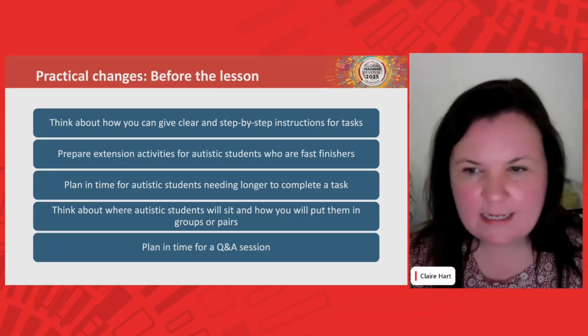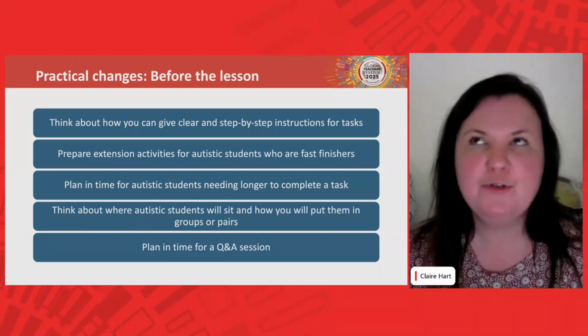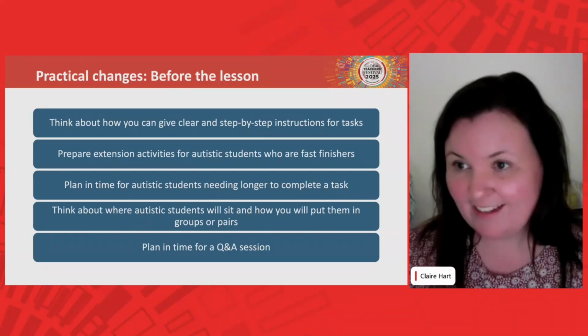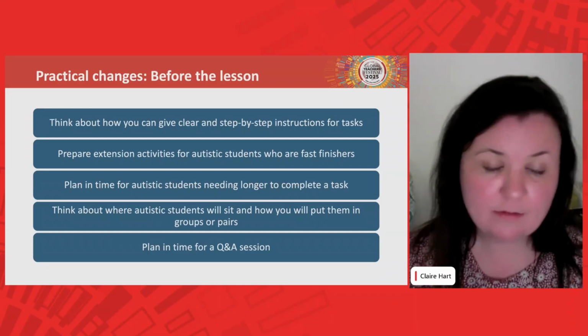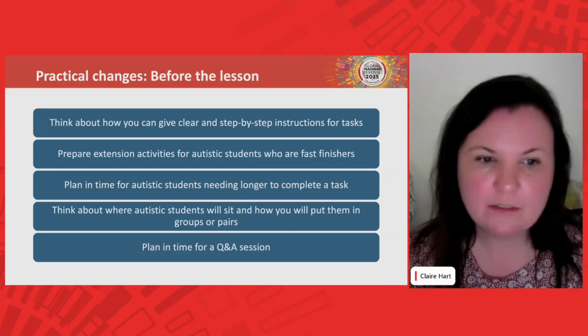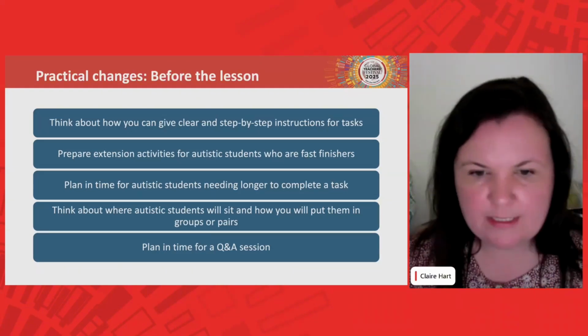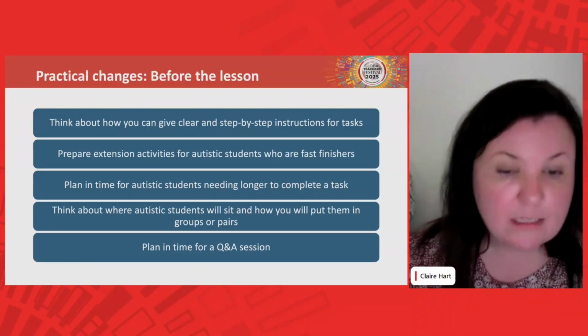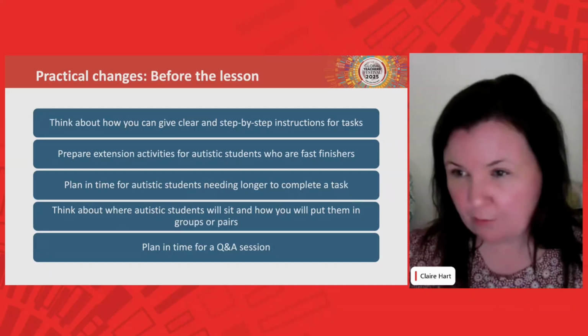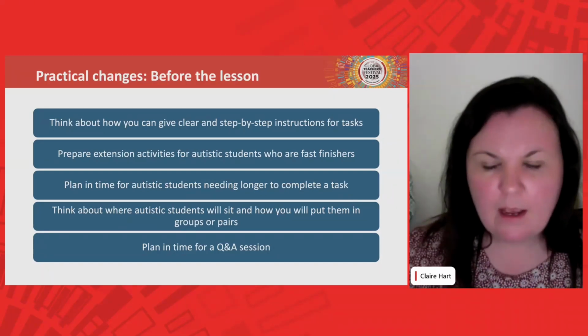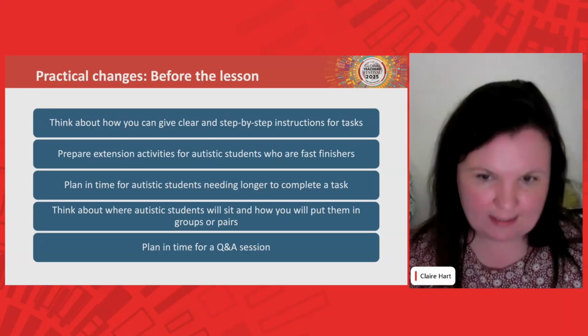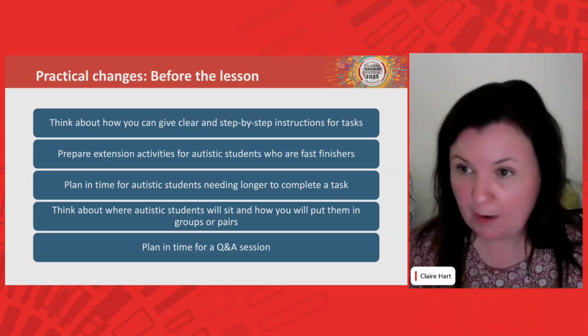Have some understanding of the fact that it's really important for them to at least try to complete something perfectly and really put a lot of work into it. Think about where you're going to seat the autistic students, or how you're going to group or pair them, based on what you know about who they feel most comfortable with. And plan time for question and answer sessions so that they can ask all of those questions that they want to ask.